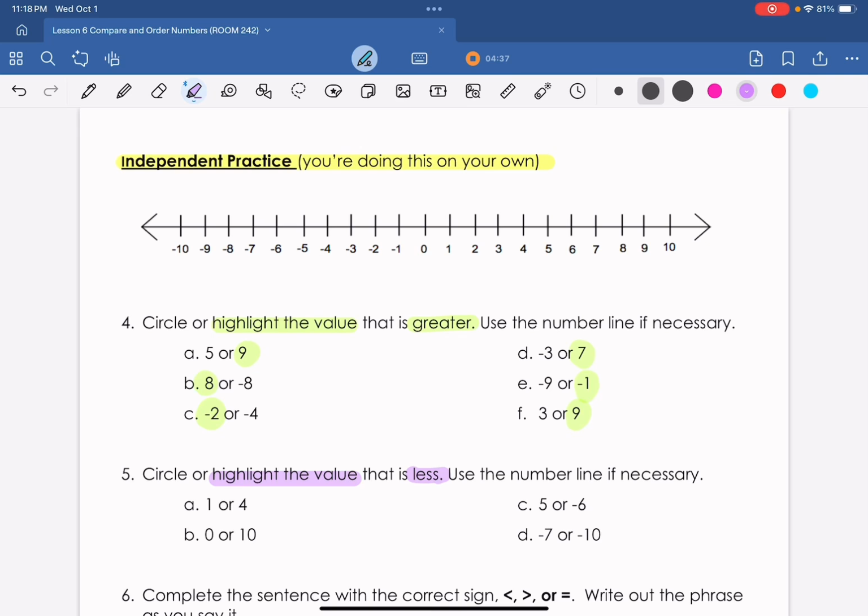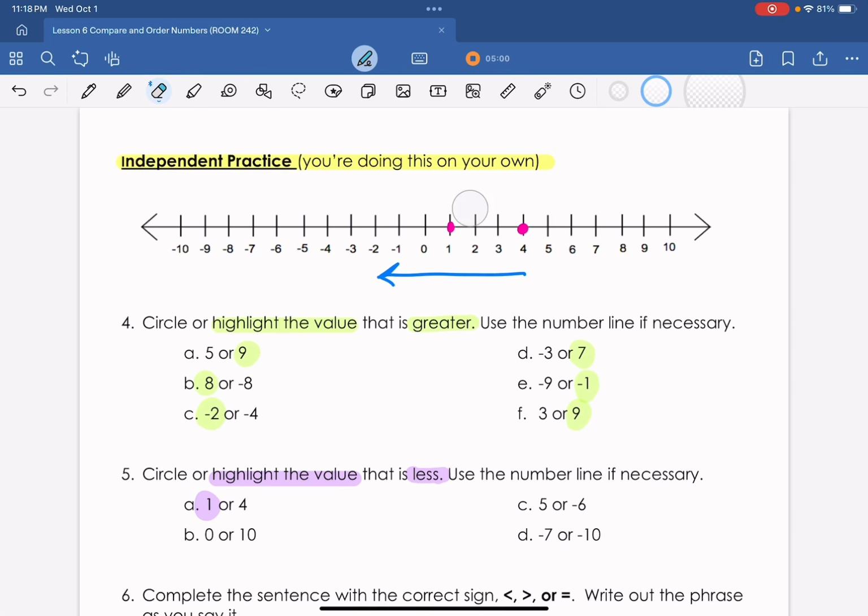Okay, we have 1 and we have 4. So I need to find which one is going further to the left, which would be 1, right? So 1 is your value that is less than.